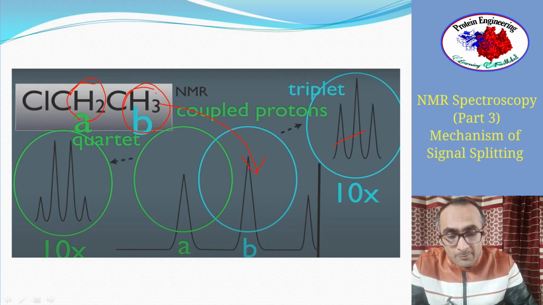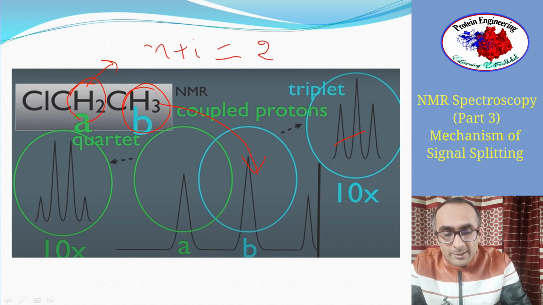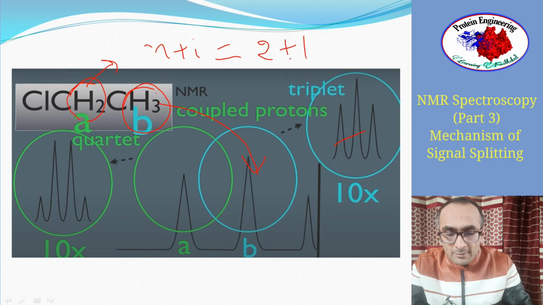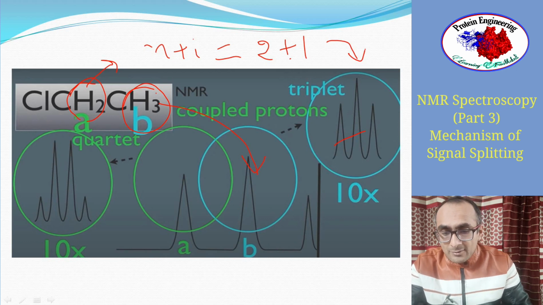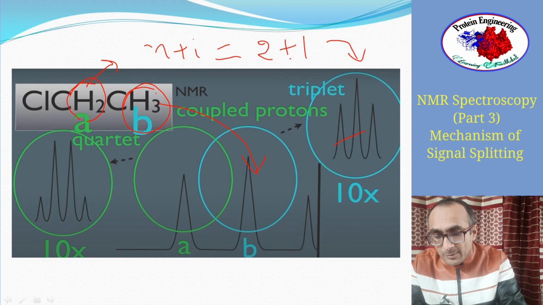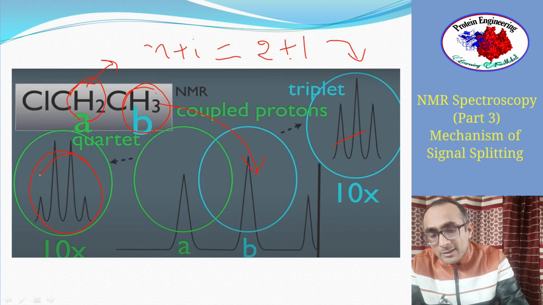For the B methyl protons, there are two methylene protons in the neighborhood, so as per the N+1 rule, the splitting would be 2+1. It will be a triplet, and that's what you see in a high resolution NMR spectrum. Similarly, the A type of proton is split into a quartet, four peaks. It means in the neighborhood there should be three protons, and those are actually there in the methyl group.